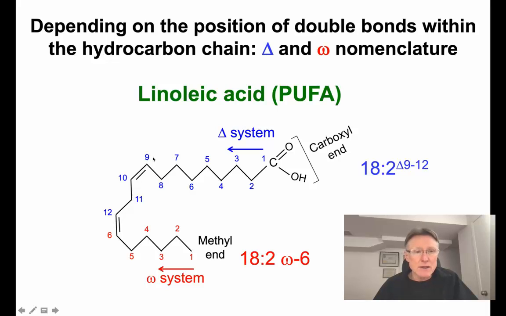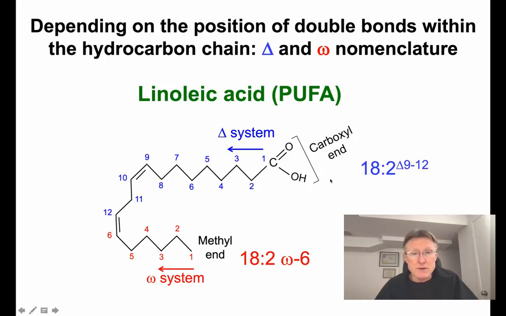And the second one, 10, 11, carbon 12, the second double bond appears. So for that reason, the notation for this fatty acid would be 18 carbons, 2 double bonds, delta 9 and 12. 9, why? Because 9 is the first double bond, 12 position is the second double bond. So this gives us this notation using the delta system.